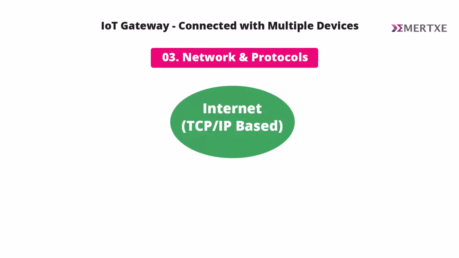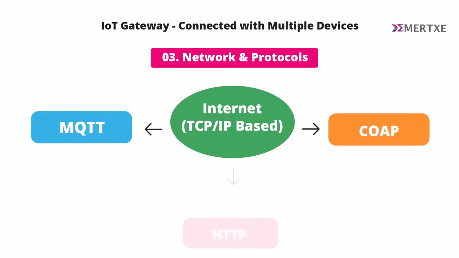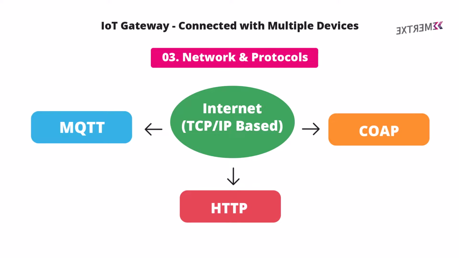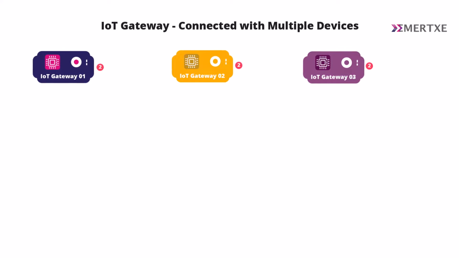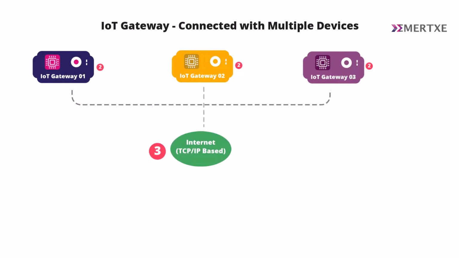It primarily uses protocols like MQTT, which is lightweight and a publish-subscribe based mechanism, in order to exchange the data. Similar to MQTT, there are many other protocols available, namely CoAP or HTTP, which can be used for this particular purpose. As you can see, component 3, that is network, comes into the picture here.